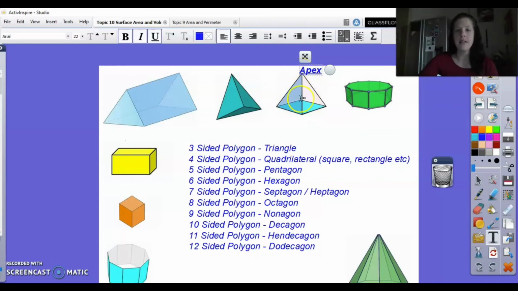Okay? At the bottom you can see that turquoise color. I have a square. So this would be known as a square-based pyramid. Over here, however, this can also be my apex.